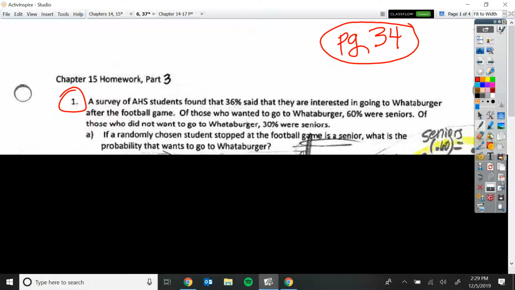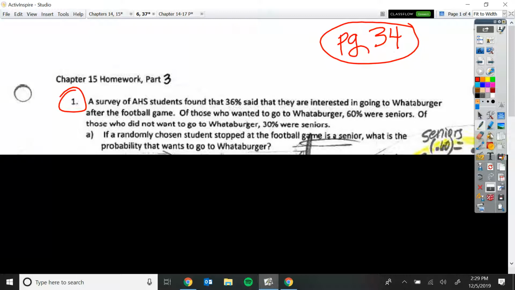So I want to tell you about, as I was reading this, how this kind of triggered in my mind so that I knew how to organize it. Okay, so here's what happened with me. So I was reading this problem. It says a survey of AHS students, 36 are interested in going to Whataburger. And then I start reading this. Of those who wanted to go to Whataburger, 60% are seniors.